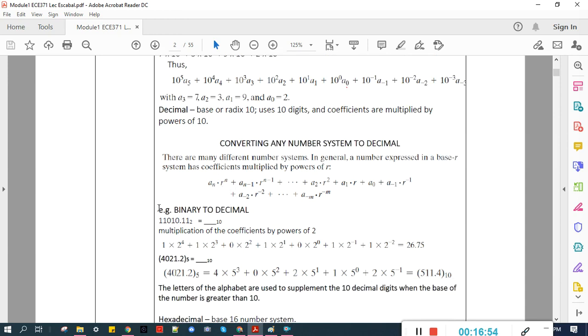Let's have an example in converting from binary to decimal. How do we convert this binary number into a decimal? Using this formula, our base for the binary is 2. So we use this general expression, replace R with 2 and a_n by the digits.